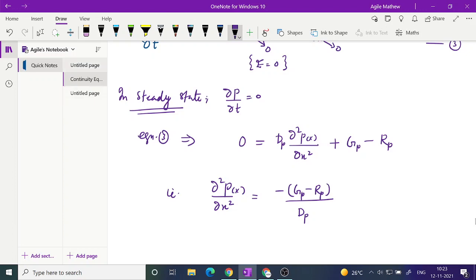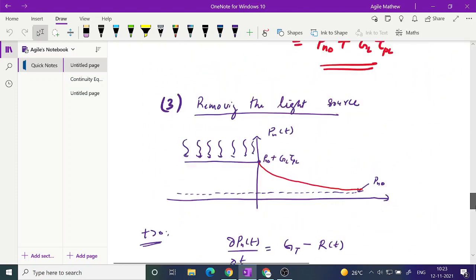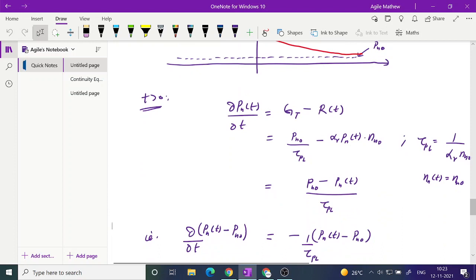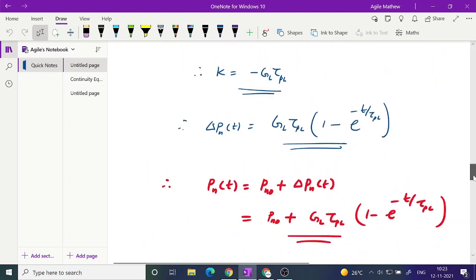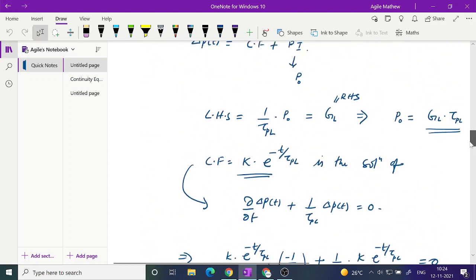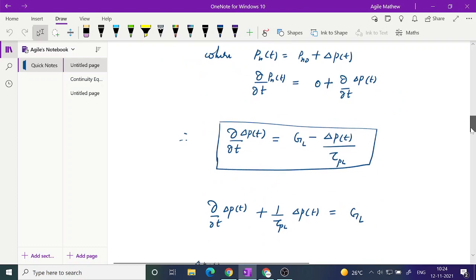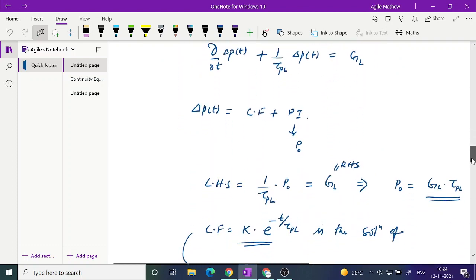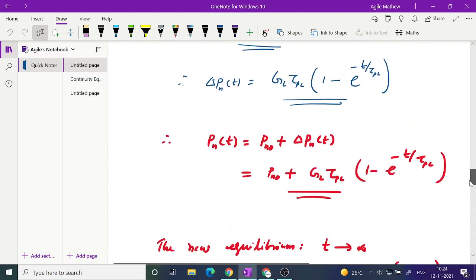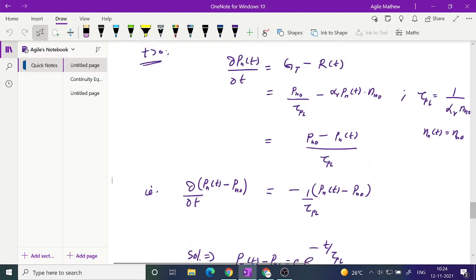Let me see what we derived yesterday. Yes, here it is g minus r.